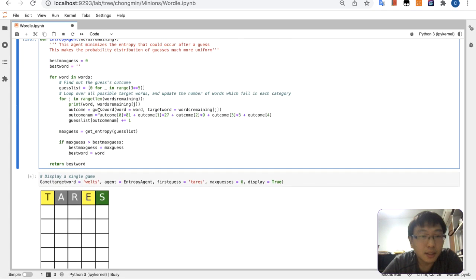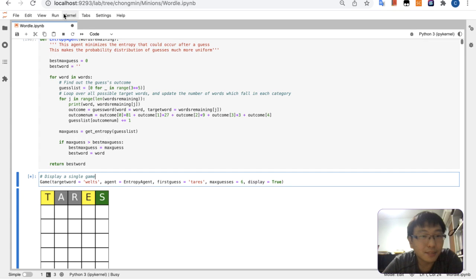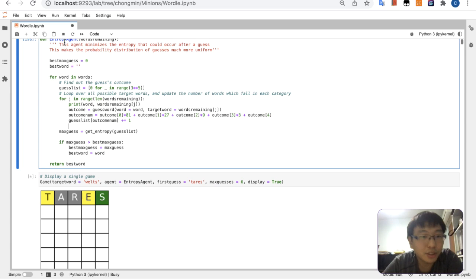Okay, I think I shouldn't print all of the words. Stop. Oh no, I think it might have crashed. Let's try to stop this.